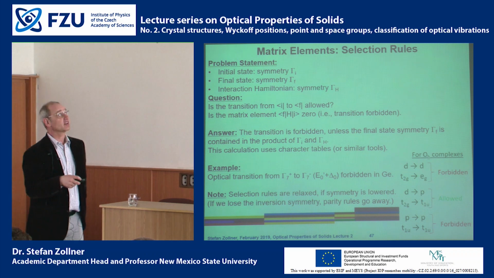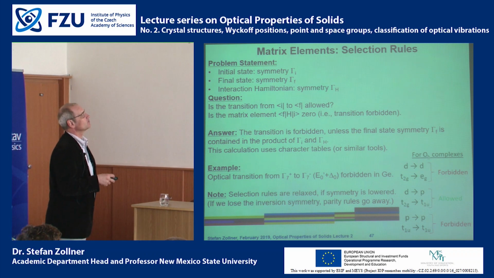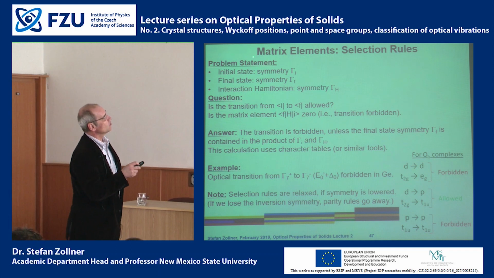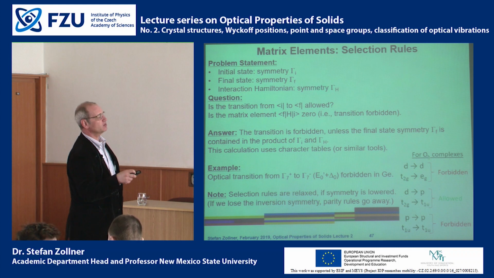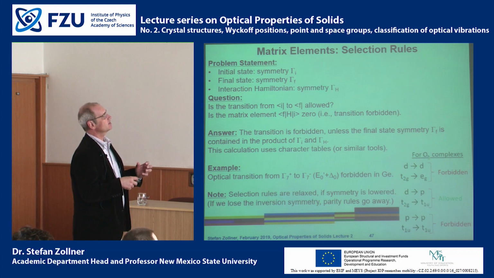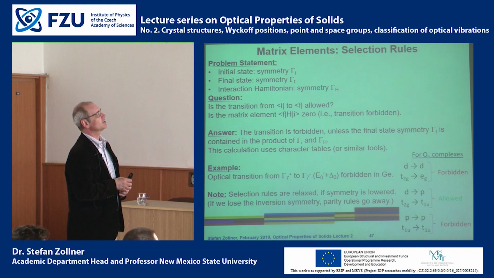Group theory also allows us to determine selection rules for matrix elements. So the question that we ask here is if the initial state has a symmetry gamma I, and the final state has a symmetry gamma F, and the symmetry of the interaction Hamiltonian is gamma H, then is the matrix element describing a transition from I to F with this Hamiltonian allowed?